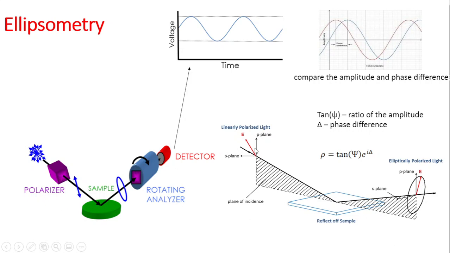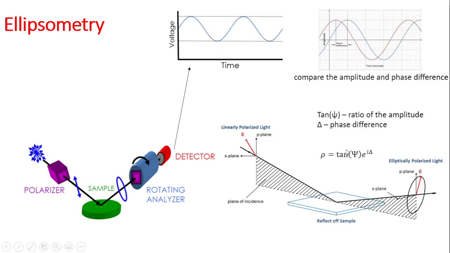These are called p-plane polarization and s-plane polarization. When you do the model fitting, you compare the change in the polarization along the p-plane and the s-plane. When you take the ratios, you get rho equals tan psi times e to the power of i delta, where delta is the difference in the phase and tan psi is the ratio of the amplitudes.